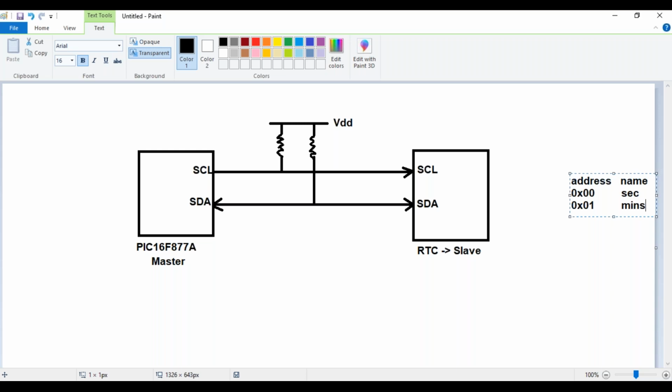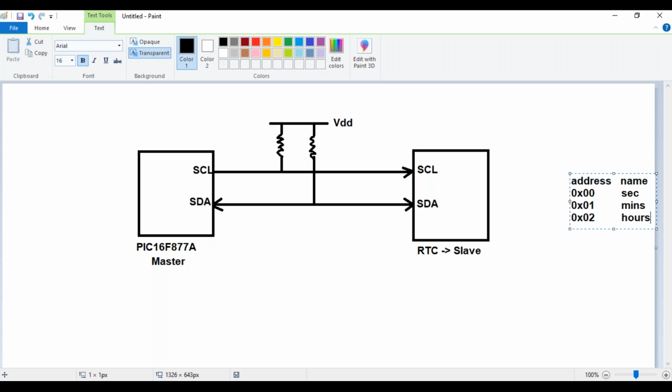Addresses can vary, I'm just giving an example. There must have been a register at address 0x02 which is storing the number of hours. So register 0x00 stores seconds, register 0x01 stores minutes, and register 0x02 stores hours.